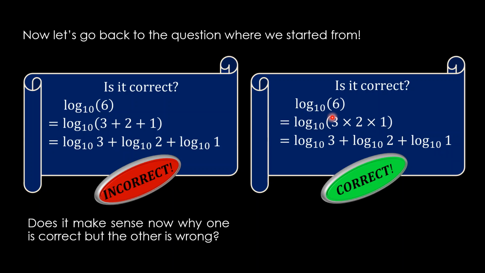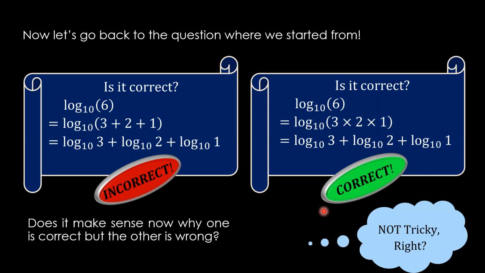For example, in the formula we have learned, log mn to the base b equal to log m plus log n, but log of m plus n is not equal to log m plus log n. That's why if it is in addition or subtraction form, we cannot split them like this, but if it is in multiplication or division form, we can split. That's the explanation. So not tricky, right?